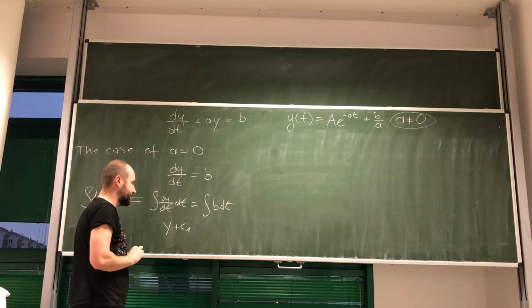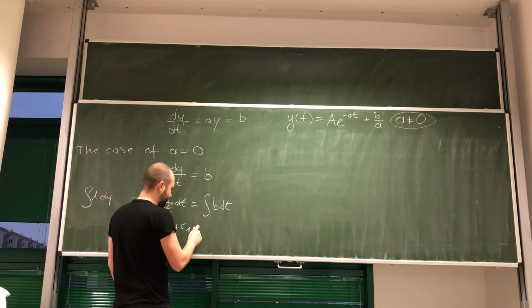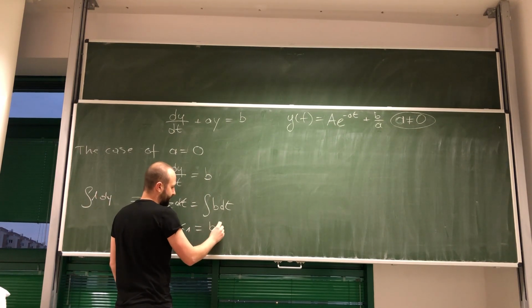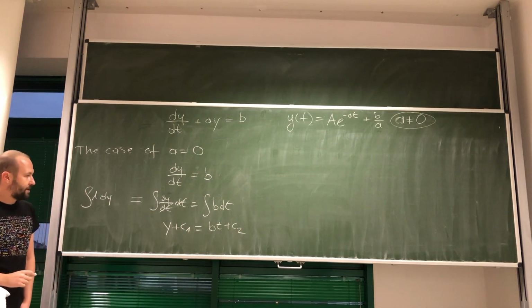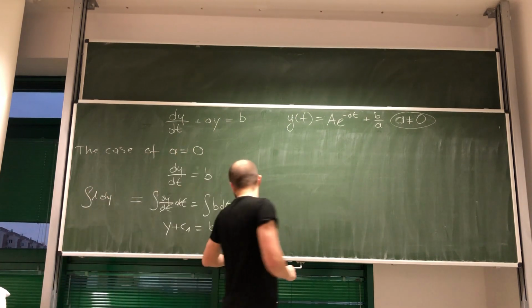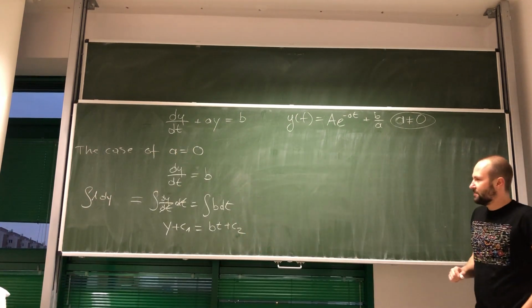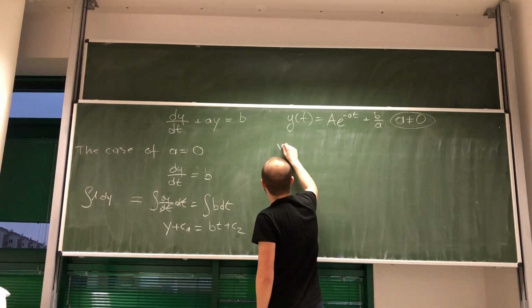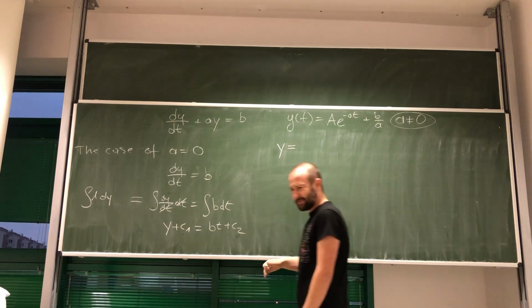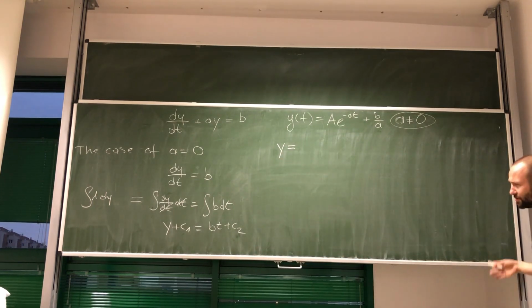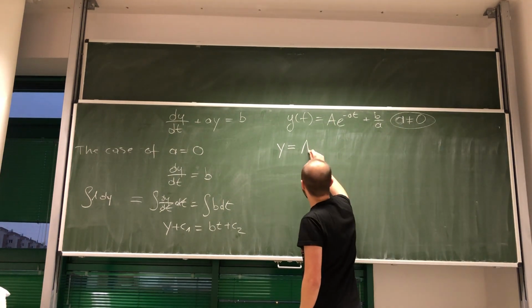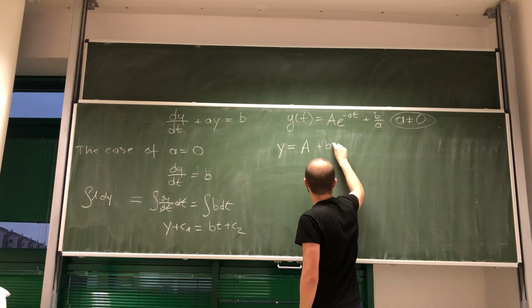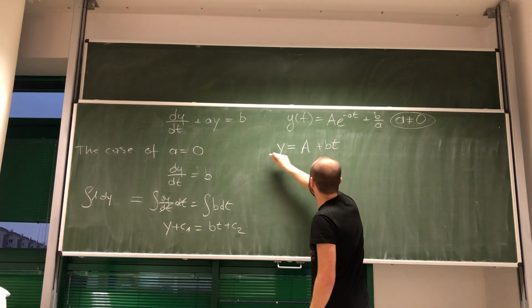What will we have on the other side? Well, here we have just b, so it's equal to b times t plus some c2. Now, if we collect both c terms, we can write it in a nicer form, the one that is more familiar to differential equations: y(t) equals A plus b times t.